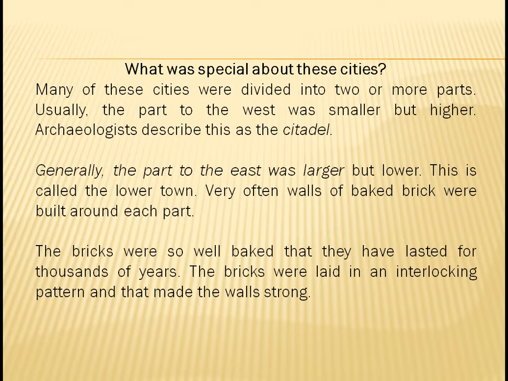Archaeologists describe this as a citadel, which means the cities were divided into 2 or more parts, right? The citadel was smaller but higher. Generally, the part to the east was larger but lower. This is called the lower town. Very often walls of brick were built around each part.